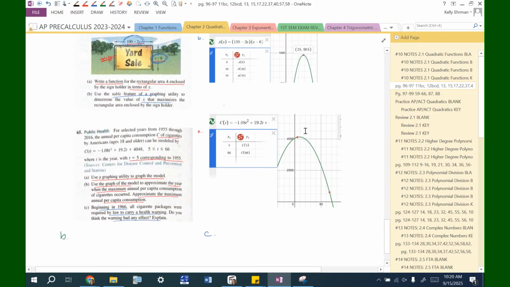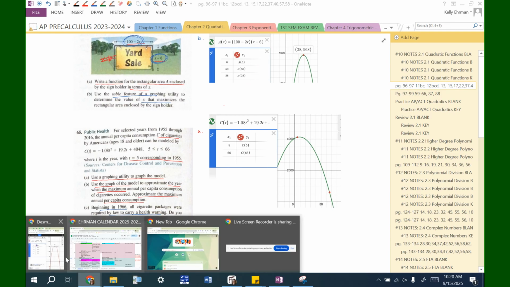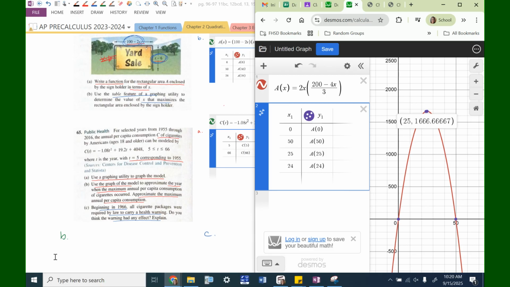Okay, last problem, number 65. For selected years from 1955 to 2016, the annual per capita consumption C of cigarettes can be modeled by this. So again, I typed in this model. I added a table with C of 5, C of 66, and did zoom fit.